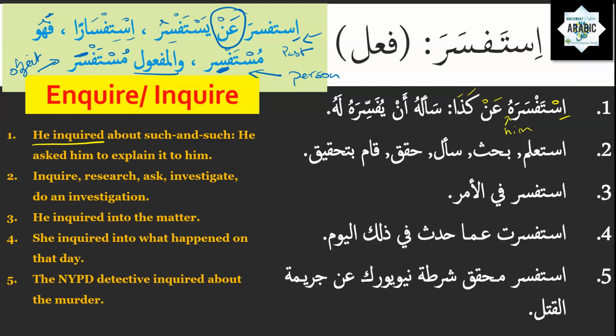But the verb is استفسر عن, about, كذا. كذا is an expression or phrase used to refer to such and such, or X and Y, when you don't have a name or you don't want to mention what you're talking about. You say كذا وكذا, something or such and such.